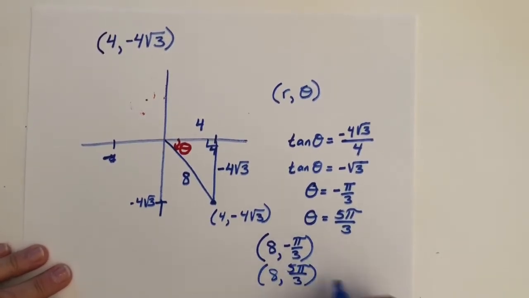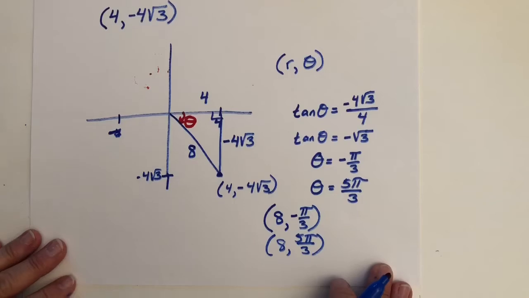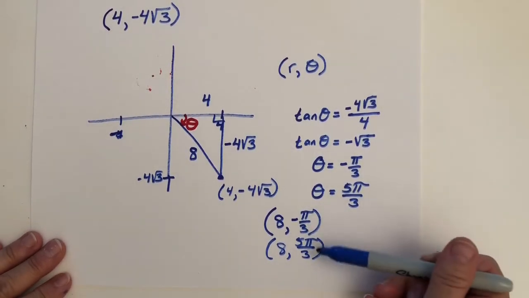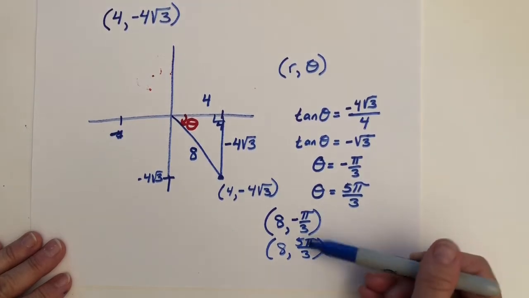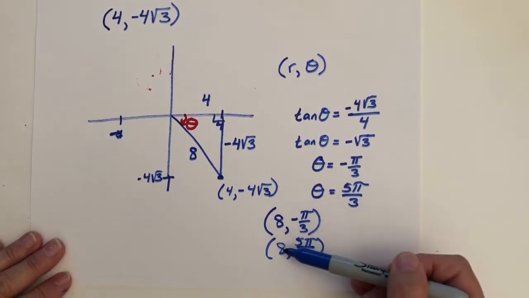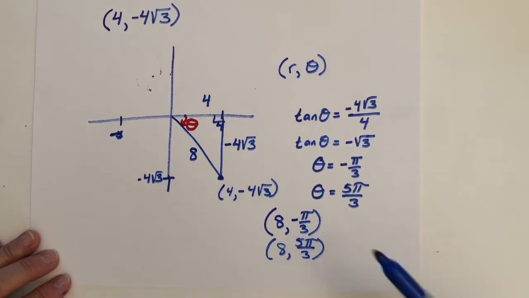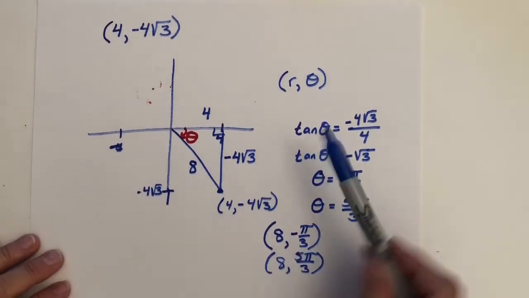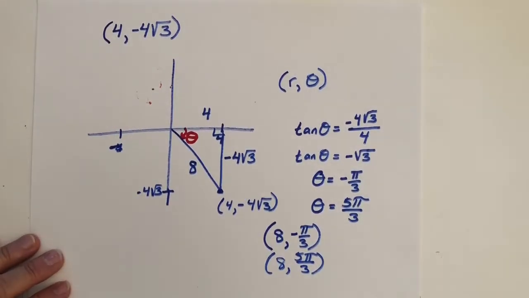If you're doing problems for a homework assignment or for some application where it mattered whether theta was positive or negative, or similarly for r, make sure you pay attention to the directions. Don't ignore it if you're told specifically what theta needs to look like.